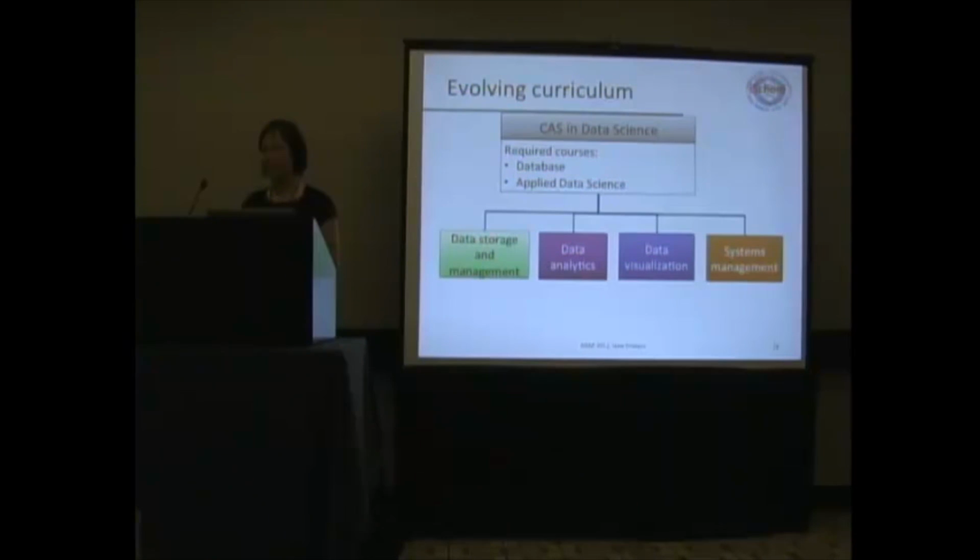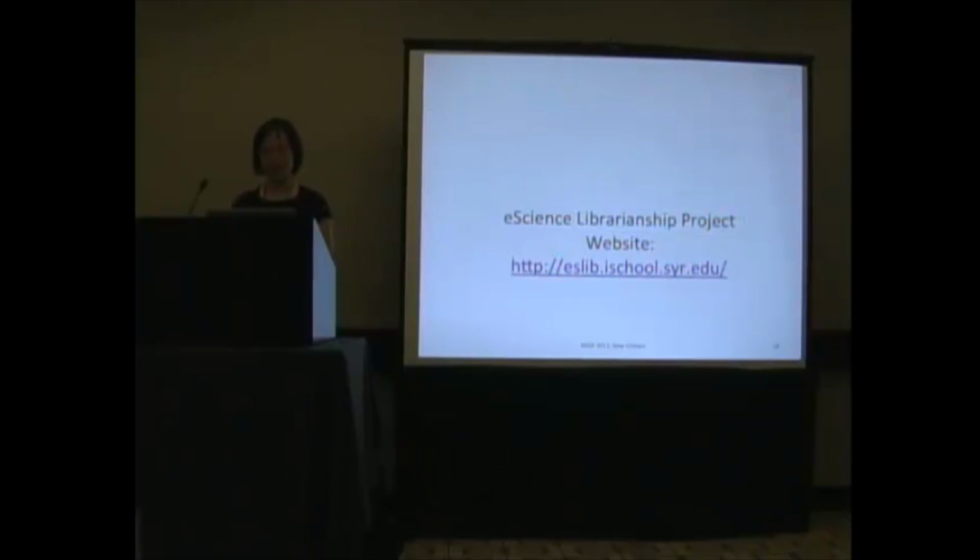The program will have four areas of expertise, and students can choose any of these tracks to build their skills. And I think that's the last one, our project website.